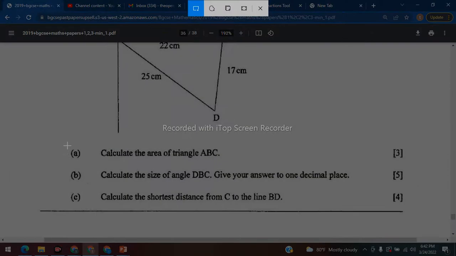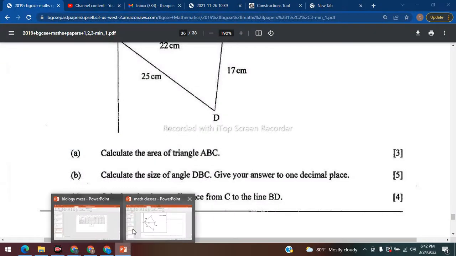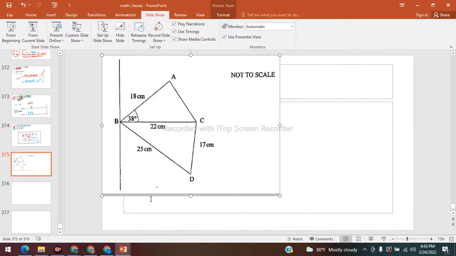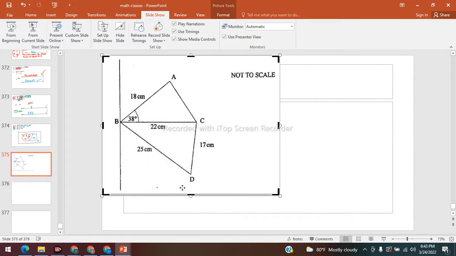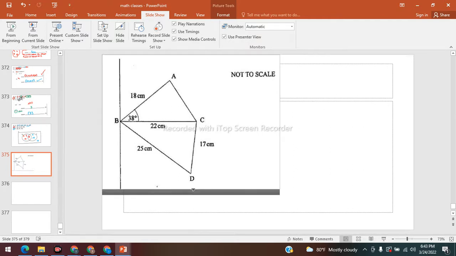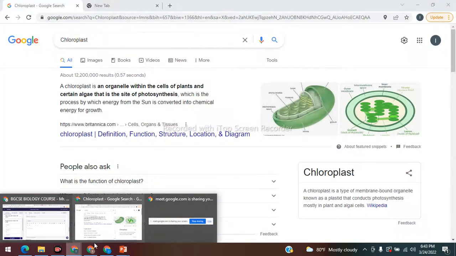The question is: calculate the area of the triangle ABC. Alright, so the first question says that we need to find the area of this.